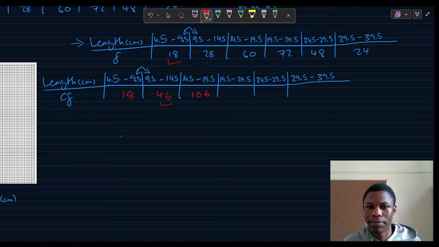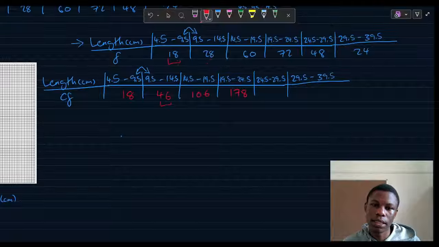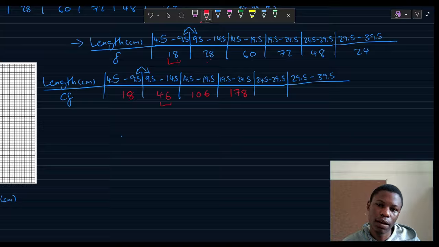And then here it becomes the 106, that's the sum of your first three classes plus the 72. So that's 178. And then here it becomes the 178 because that's the sum of the first four classes plus the 48. So that is, we put 2 there, 180 plus 46, so 226.